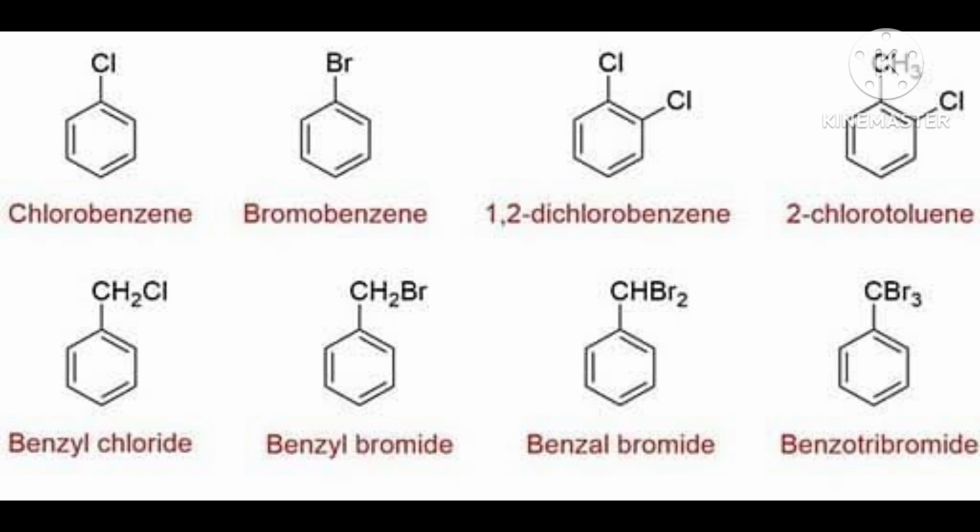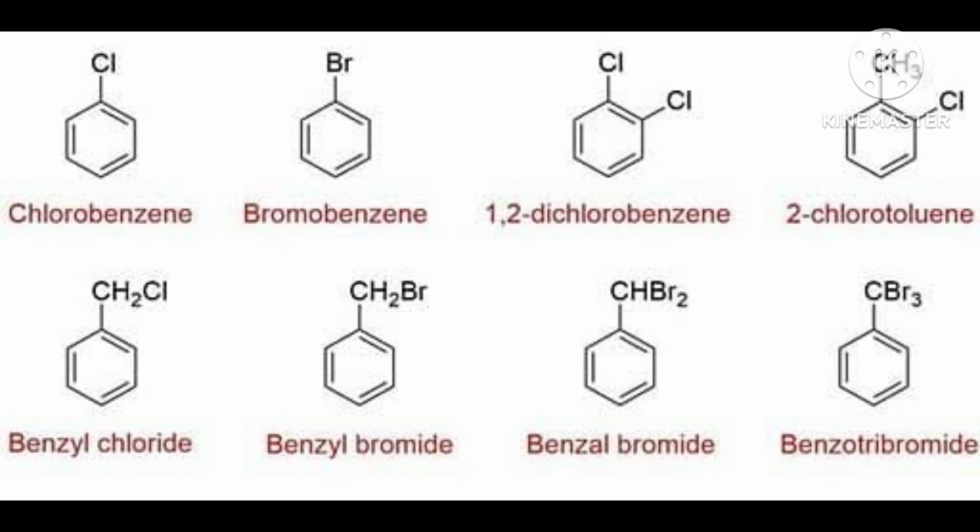Now in IUPAC name, with example you understand. CH3 CHCl2, two carbons are there, CH3 and again CHCl2, means with the same carbon two Cl is attached, and in that carbon only one hydrogen is there.